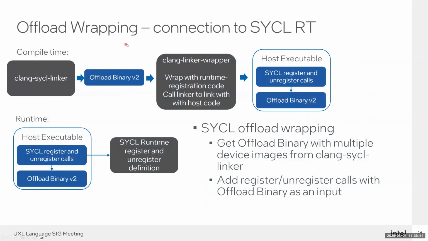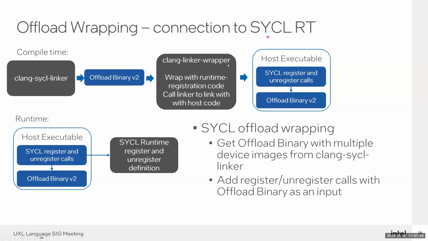So now I want to cover how this wrapping connects to the SYCL runtime. As we covered, at compile time Clang SYCL linker produces an offload binary v2 with all device images, and Clang linker wrapper adds runtime registration code to it, and then calls the linker to link with host code.